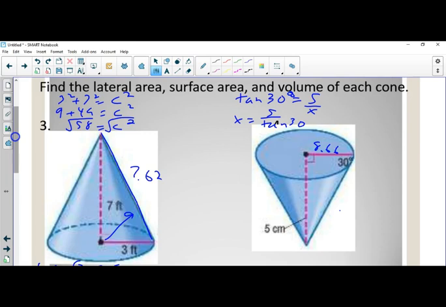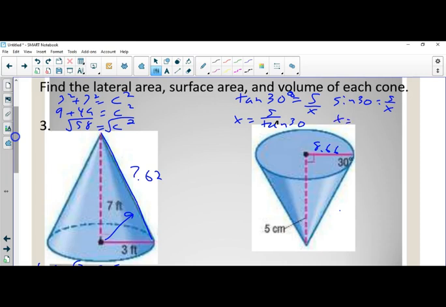Now we have two choices. We can use 5 and 8.66 to get the hypotenuse with the Pythagorean theorem, or we can do sine and do opposite and hypotenuse. Your choice. I'm going to do sine to mix it up. Sine of 30 equals opposite over hypotenuse, which we don't know.